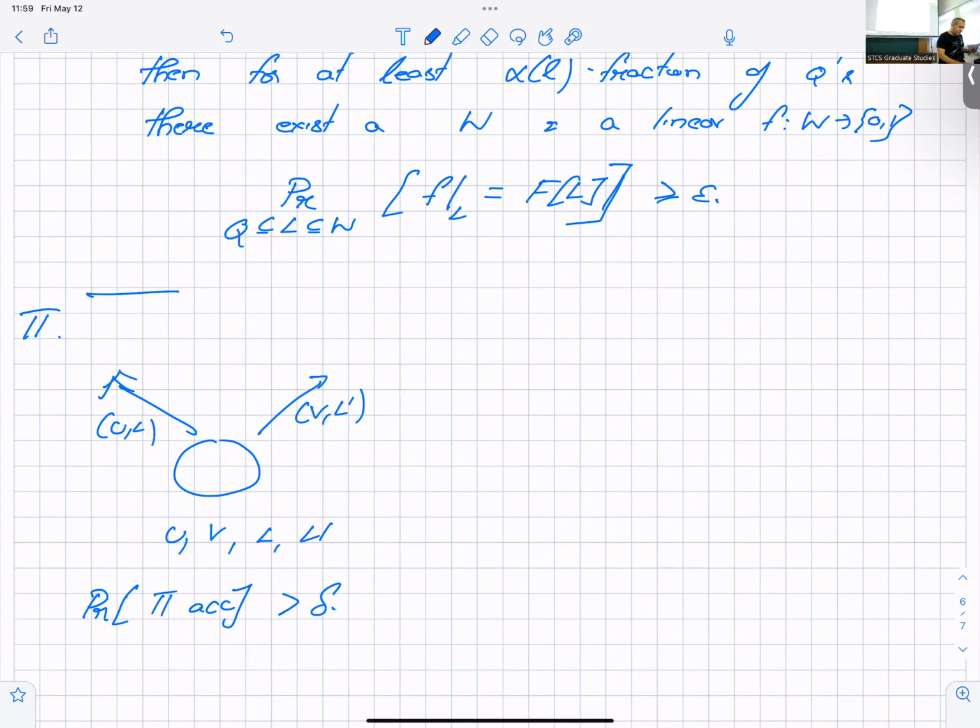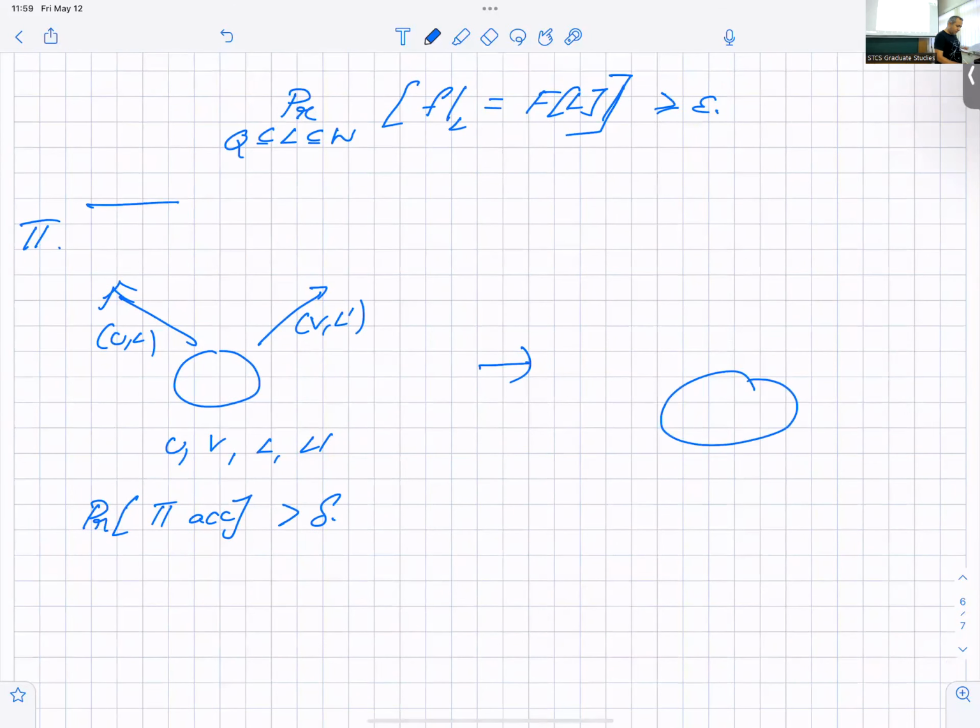They then say that what they want to say is they look at this other game. Seems very bizarre to do it because in the other case, if I give this object out, I lose completely. So I'm going to pick U, V, L, and L prime. And then I pick a Q which is contained in L prime.